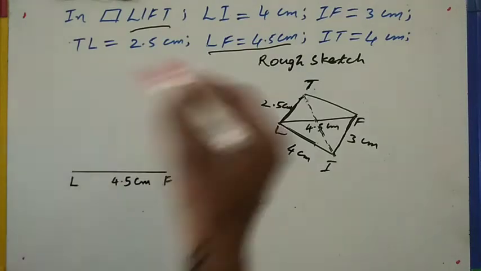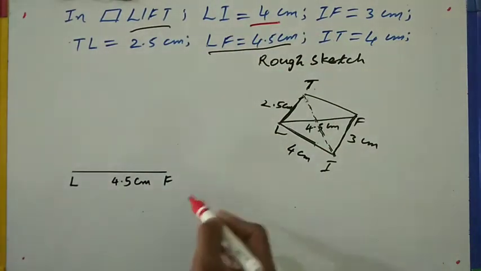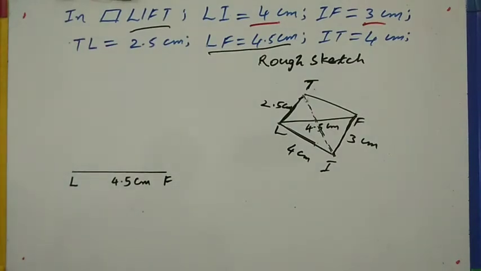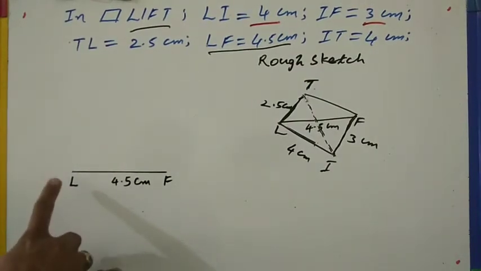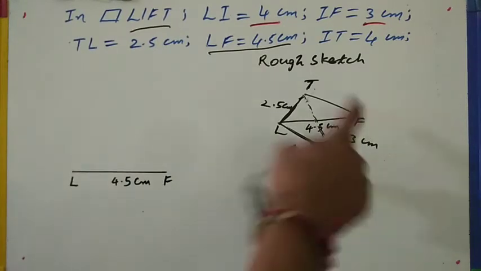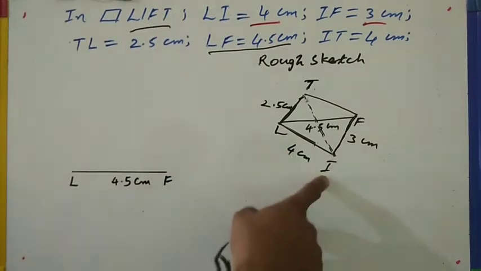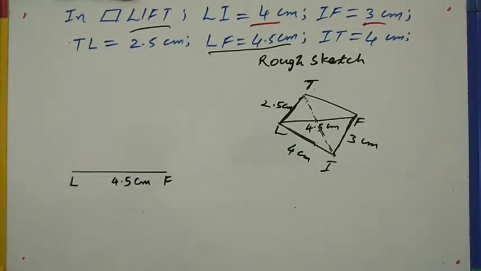So, I will make use of them, that is LI side, IF side 3 centimeter to construct triangle LIF. LIF I will get with the help of measure of LI and IF. You know how to construct a triangle with 3 sides known.